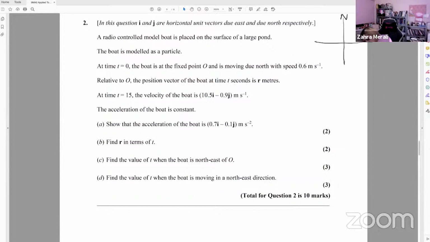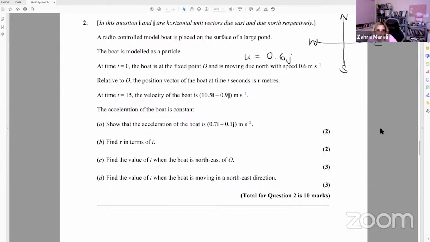I don't know, never eat shredded wheat, or no elephants swim west, whichever one you've used, there are various different options. So it's due north, which is going up, which in vector world is +j. So we know at time t equals 0, our u is 0.6j, so it's 0i and 0.6j.